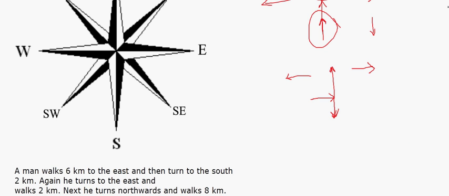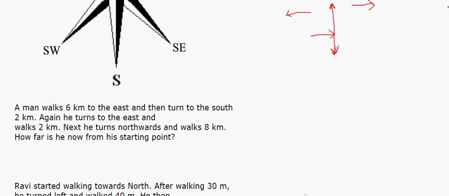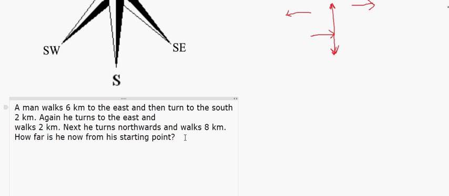So let's go to the first question, which says a man walks 6 kilometers to the east, and then turns 2 kilometers south. East and west would always be as in the diagram above. So 6 kilometers east is like this, let's call it 6.